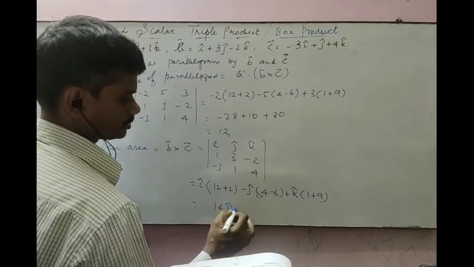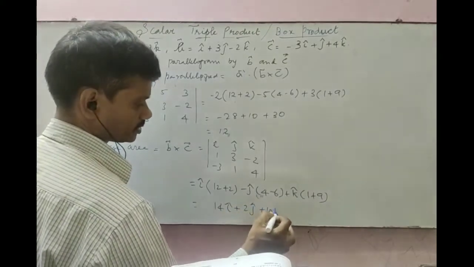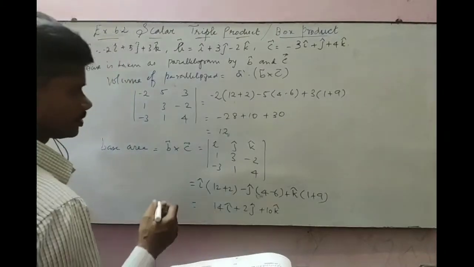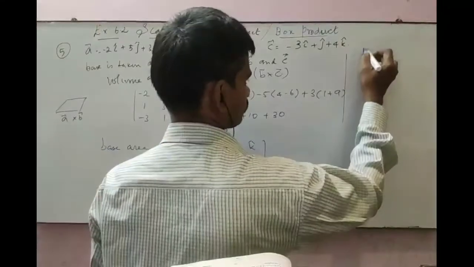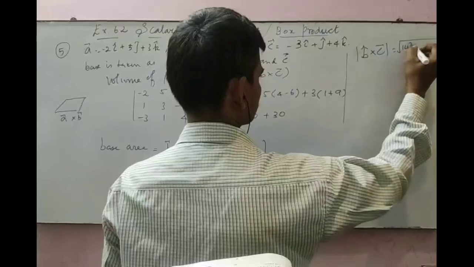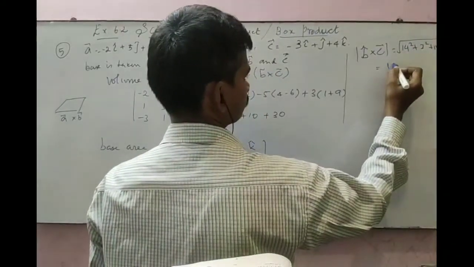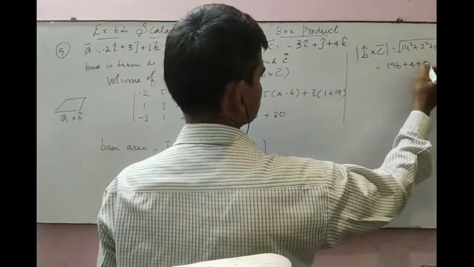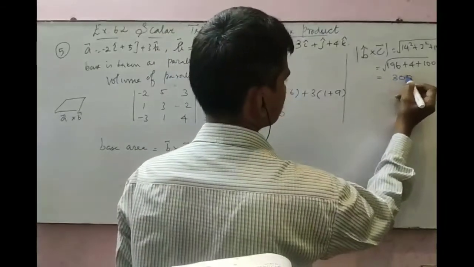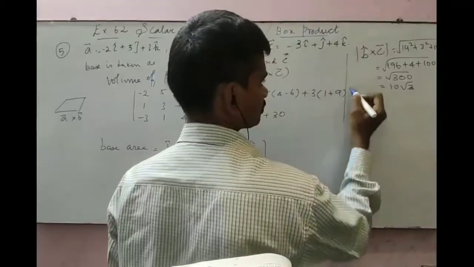So 14i plus 2j plus 10k. We take the modulus of this cross product. So the modulus gives square root of 14 square plus 2 square plus 10 square. 14 square is 196 plus 4 plus 100, that is 300. 300 can be written as 10 root 3. So this is the base area.